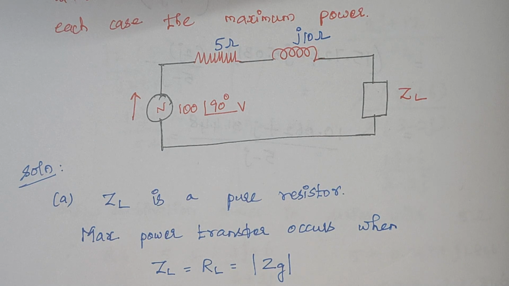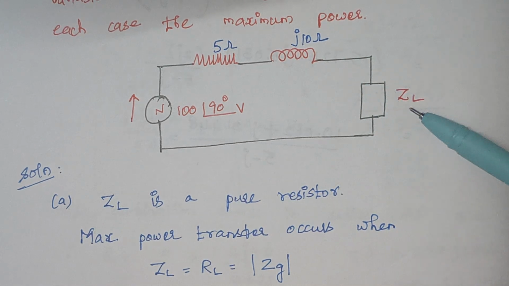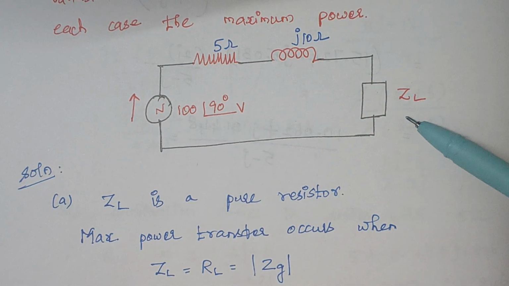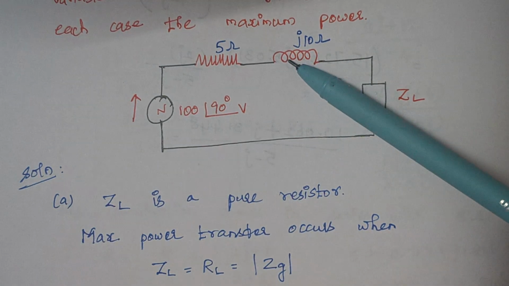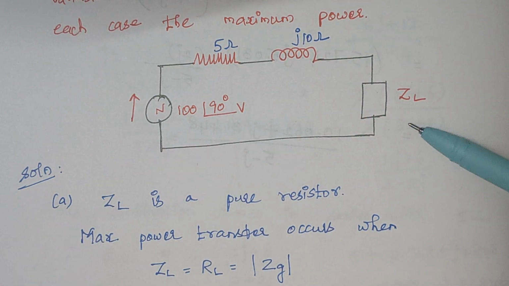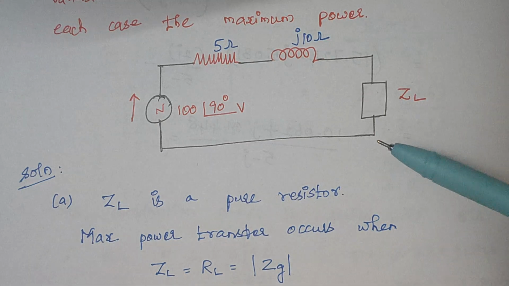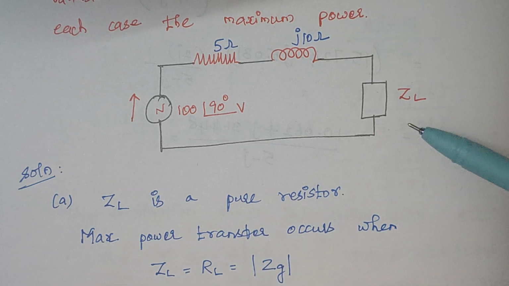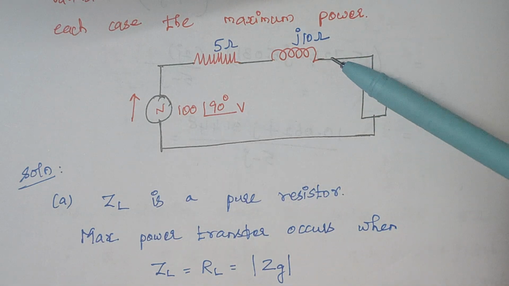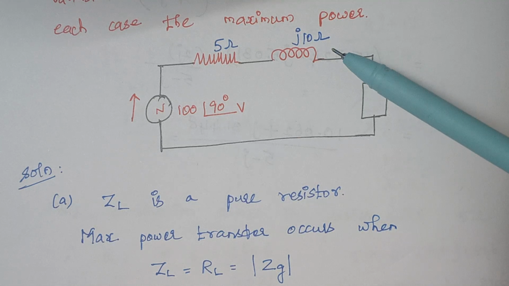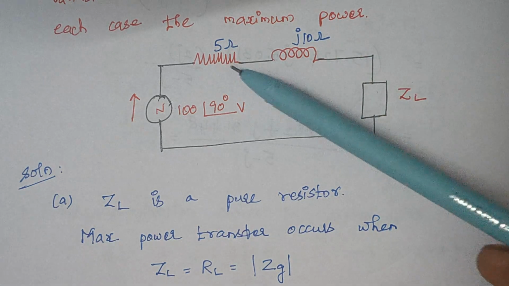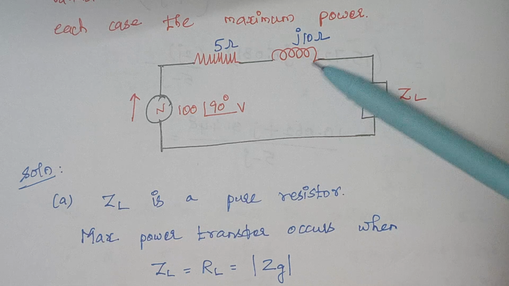The maximum power will be transferred to the load only when the value of the source impedance is equal to ZL. That is the main condition. Here the value of ZL is purely resistive, but our source impedance is a complex impedance. We have a resistor as well as an inductor here.